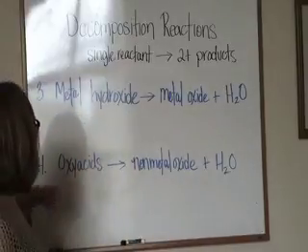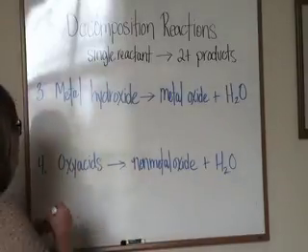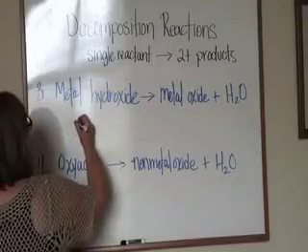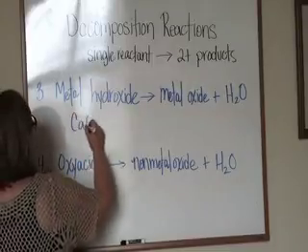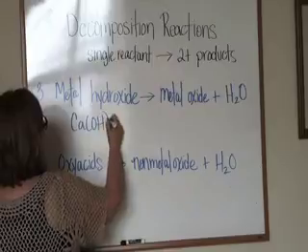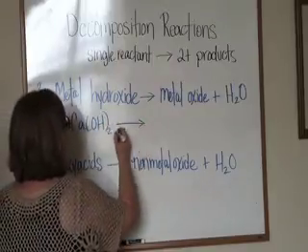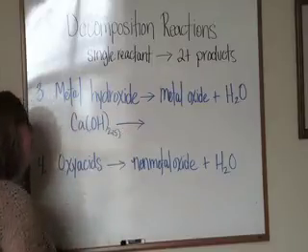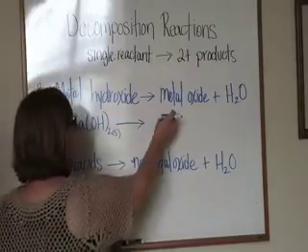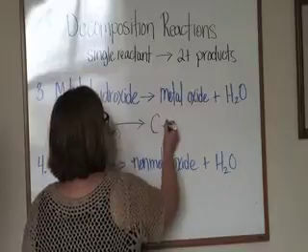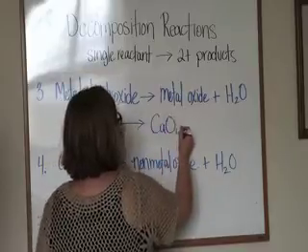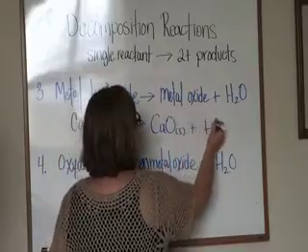So let's go ahead and look at this. Let's pick a metal hydroxide. Let's go ahead and pick calcium hydroxide. Hydroxide, remember, is -1. And let's start that with a solid. And when that decomposes, it's going to make the metal oxide, so calcium oxide and water.